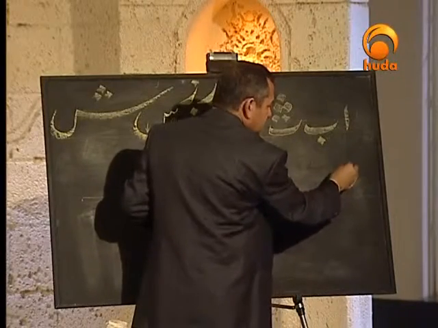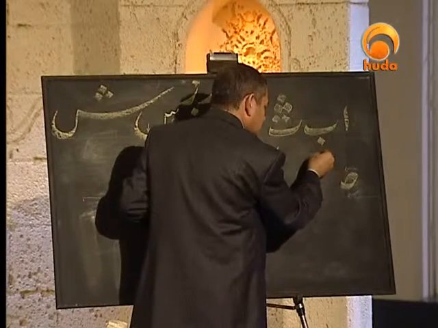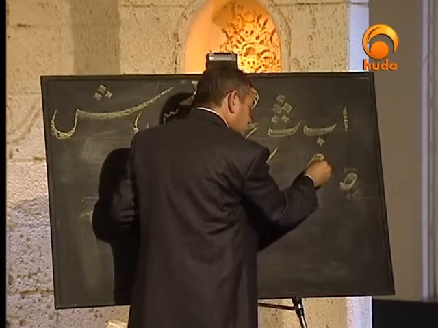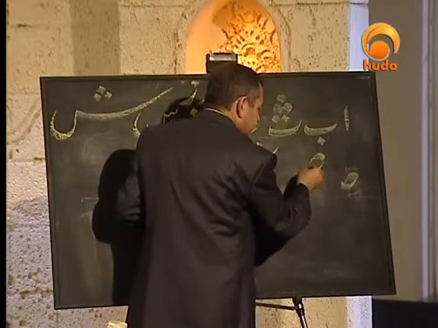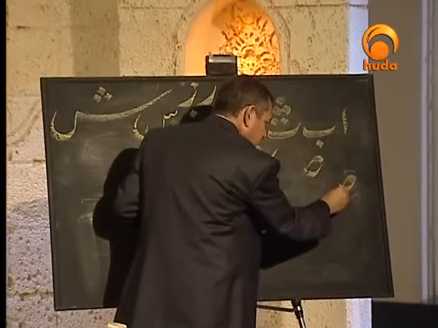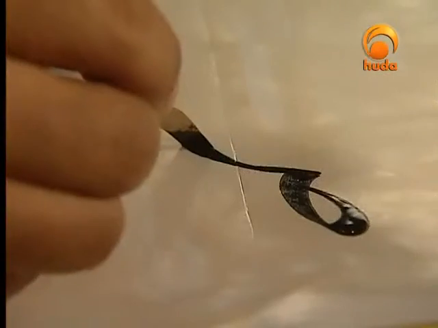So this and this are the same: one going down to up and the other going up to down. And the body of Sad, like this.